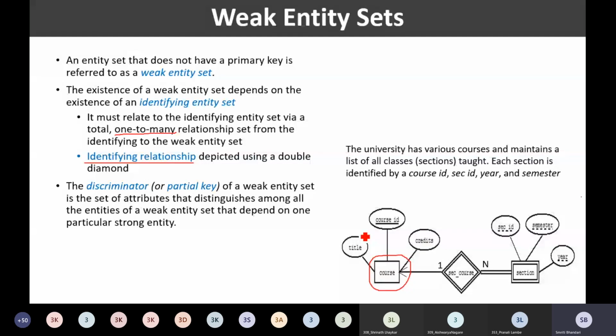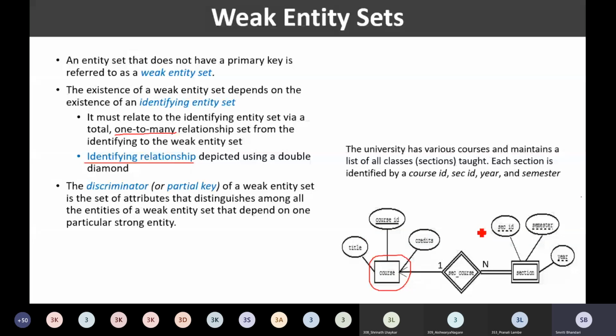So I want to discriminate between those sections taught in a particular semester and a particular year. So under every course, I want to distinguish among the entities stored in the weak entity set.